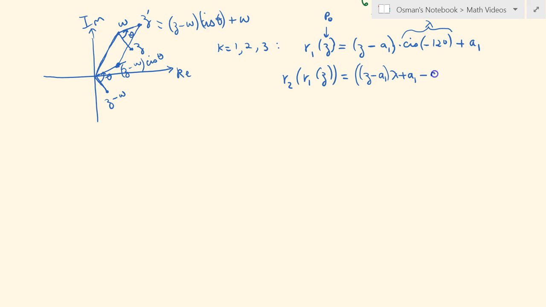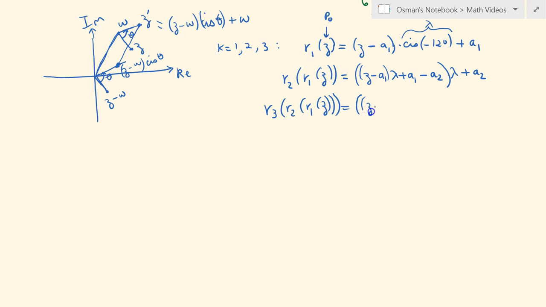Now I subtract a sub 2, my new reference point, multiply by lambda, and then add a sub 2. Finally, we do it one more time for point A3, rotating around A3 by 120 degrees.